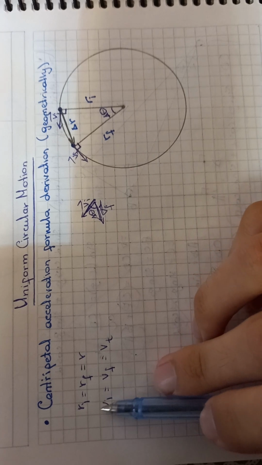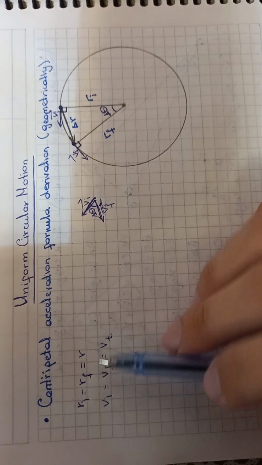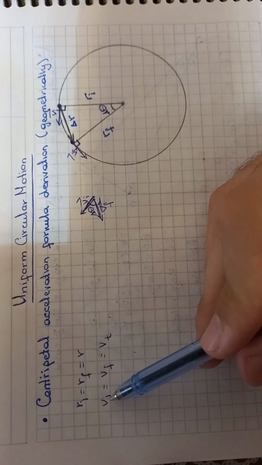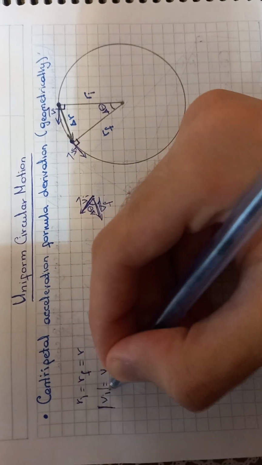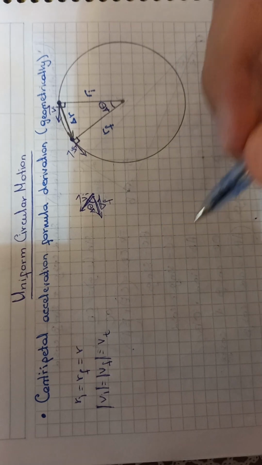You can see that I did not put the vector sign here because this is not the velocity vector. This is just the magnitude of the velocity vector. So we can denote it as tangential velocity.